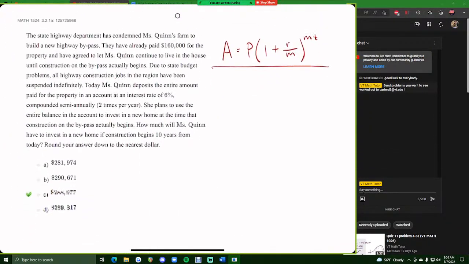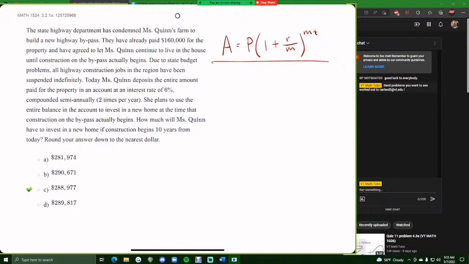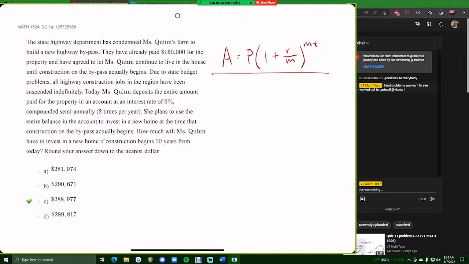Let's keep it rolling. Another interest compounded type of problem, but this one uses the other equation. How do we know that this one uses this equation here? It's all dependent upon if they tell you that interest is compounded a certain number of times per year.